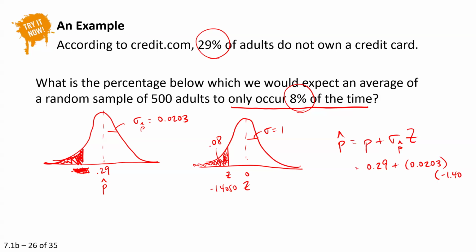The z? It's P plus standard error times z.